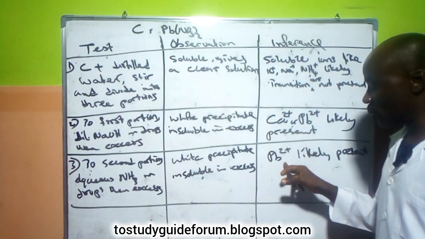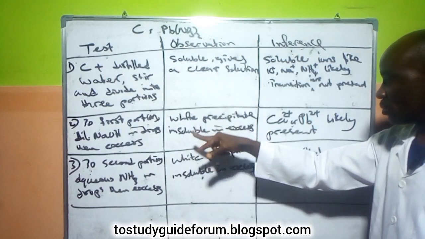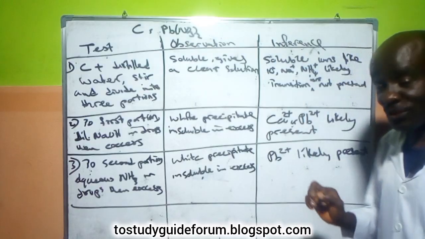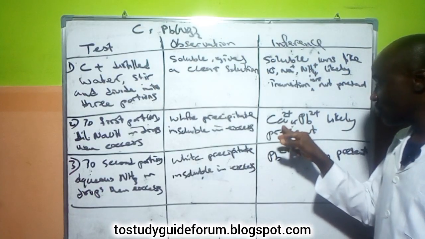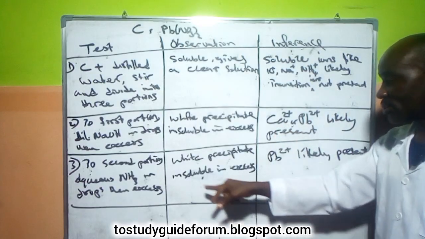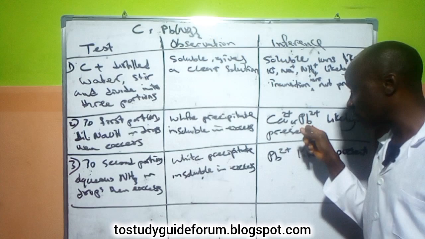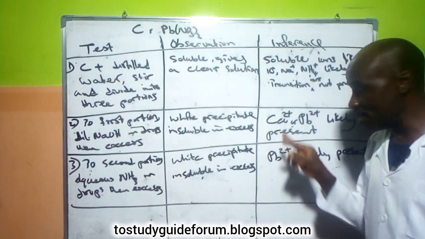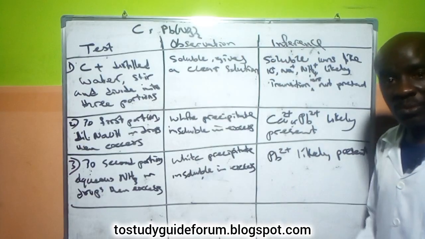Since the two of them can give us white precipitate with sodium hydroxide, and this one cannot give us any reaction with aqueous ammonia, we come here with a white precipitate, eliminating calcium ion.